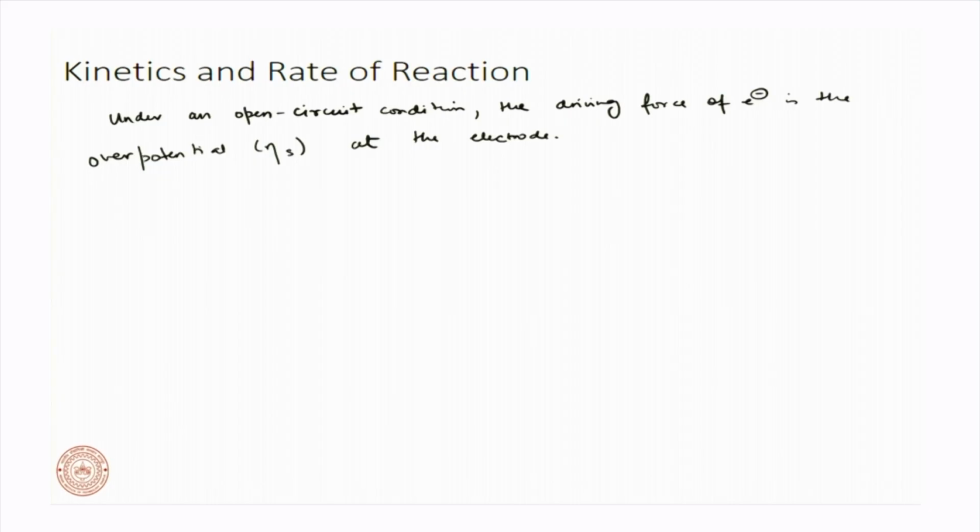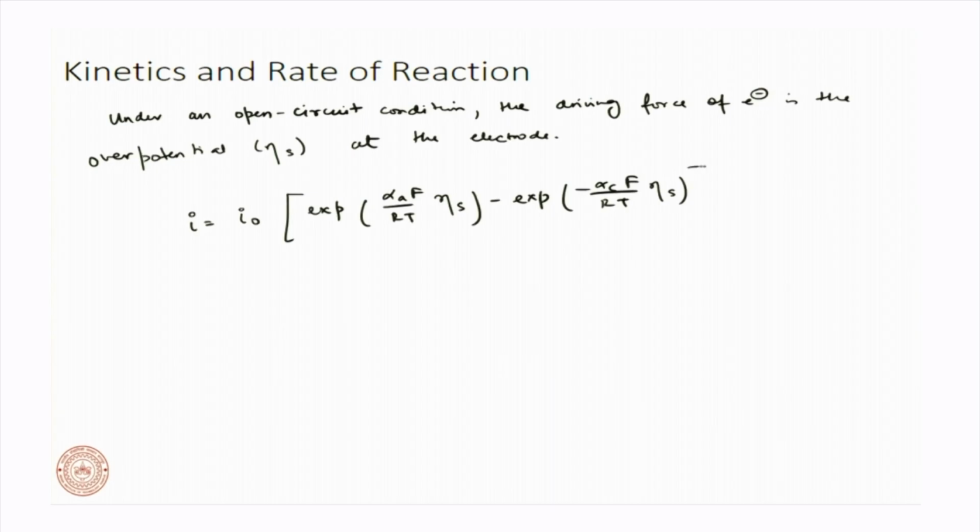To drive that small amount of current through, an overpotential is needed, or at the surface some charge accumulation is needed to push that current through, and that is your current voltage relation, where I is equal to I naught, some constant current, the exchange current, times exponential of alpha_A F over RT eta_S minus exponential of minus alpha_C F over RT eta_S. Okay, then this is your exchange current density.